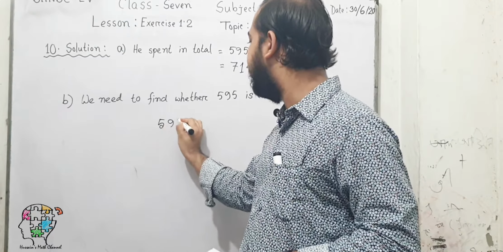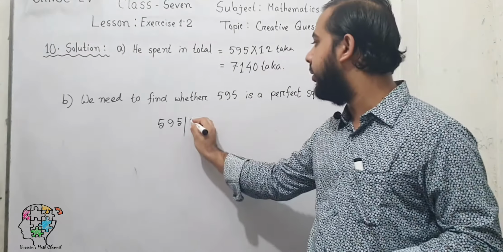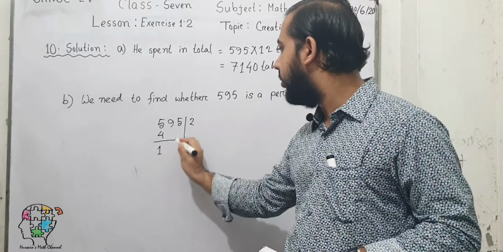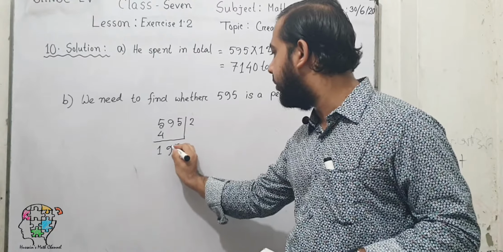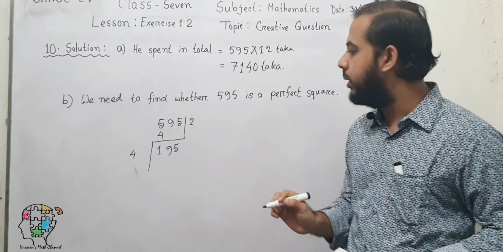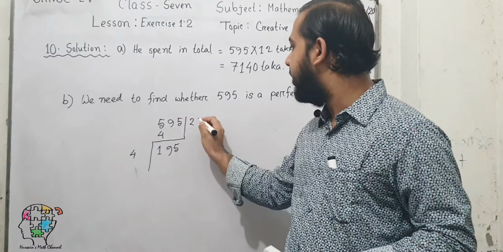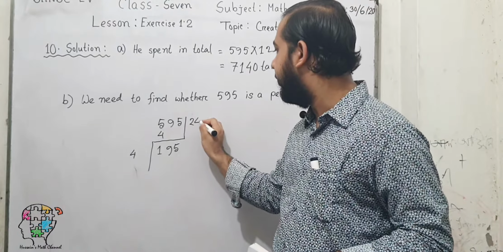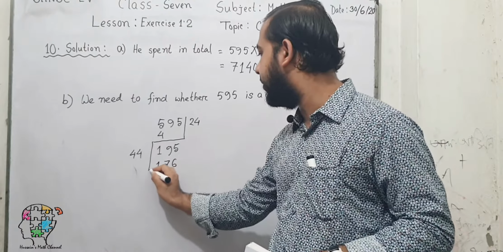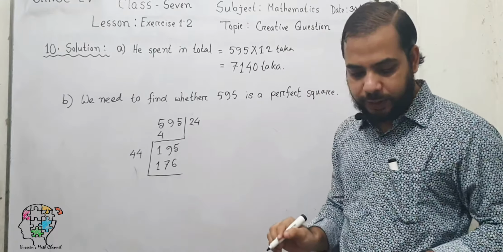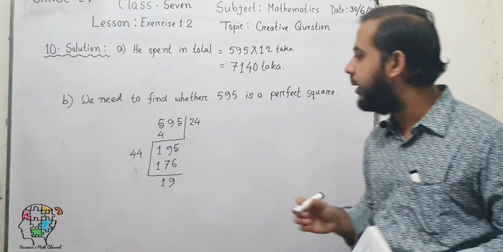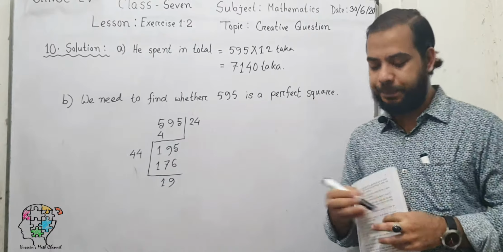Therefore, for 595, if we check, 2 times 2 is 4, and 2 times 2 is 4, double, and then we check just like 4 and 4, and we'll get 176. Now if we subtract, we'll get 19. So 19 is the remainder here.